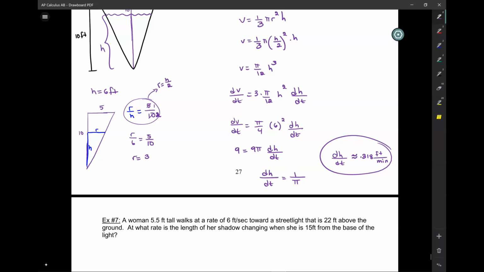If you don't have your calculator, then it's 1 over pi feet per minute. Does it make sense that dH/dt is positive? Yes, because if the volume is increasing, so is the height.